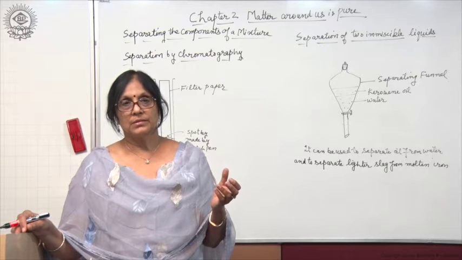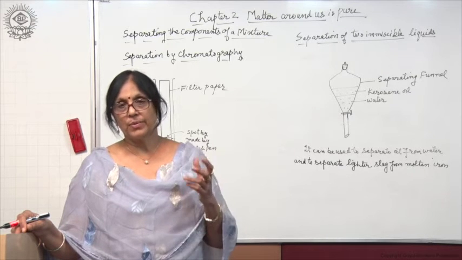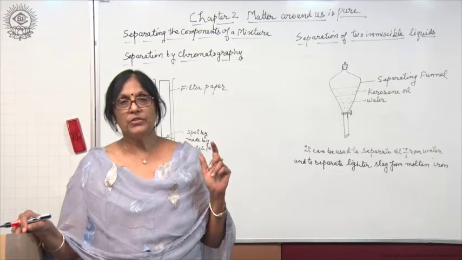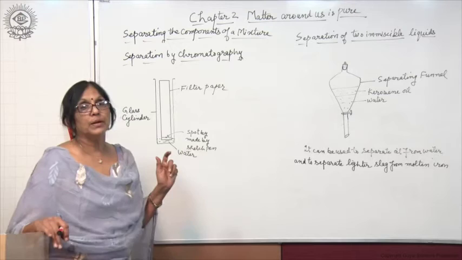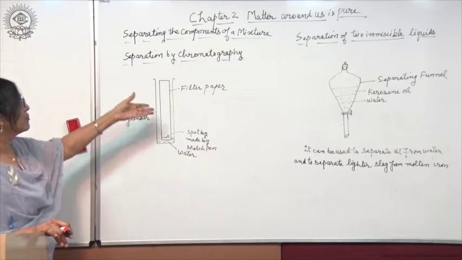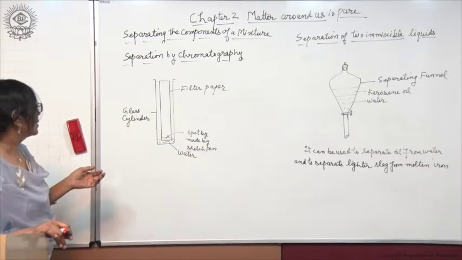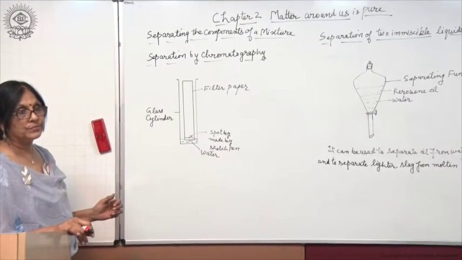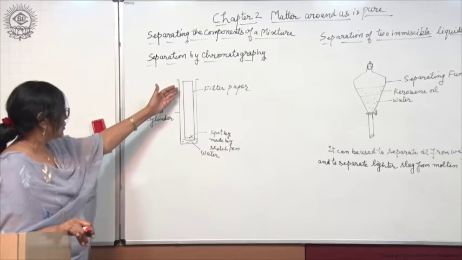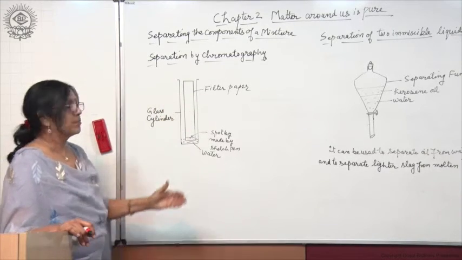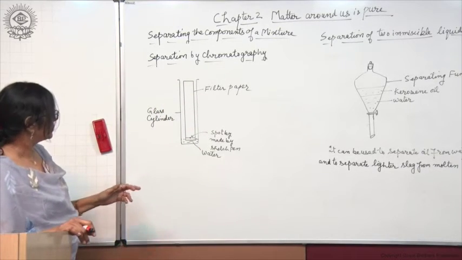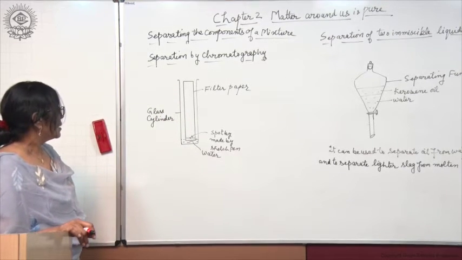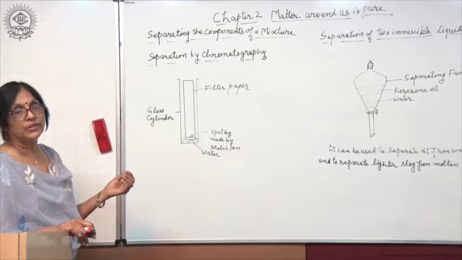Take a black sketch pen. The method which we use will be paper chromatography, because chromatography is of many types, and here we are using paper chromatography. A thin strip of filter paper is taken as shown in the diagram, and a black sketch pen is taken.